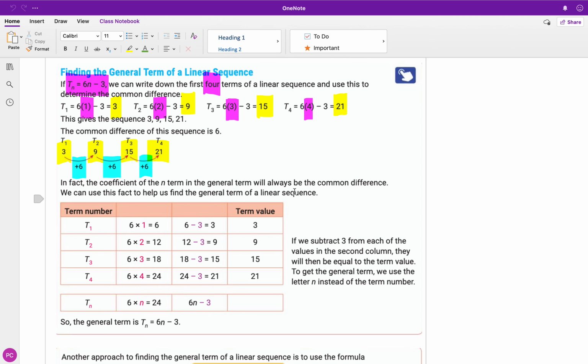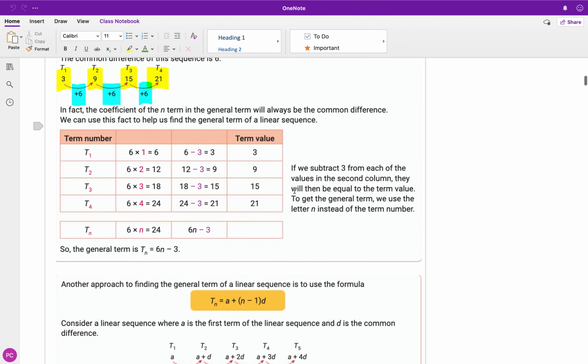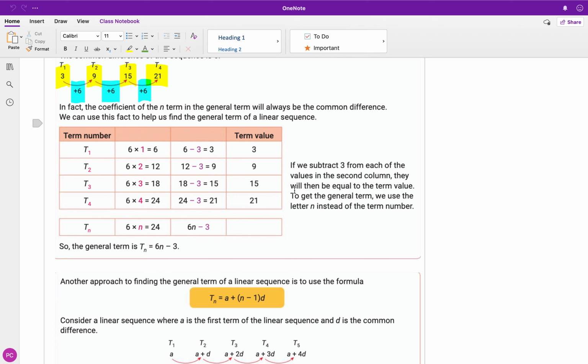done before. Okay, so if we look at the common difference of those four terms, here's term 1, here's term 2, here's term 3, and here's term 4. The way they work this out is 6 by 1 is 6.